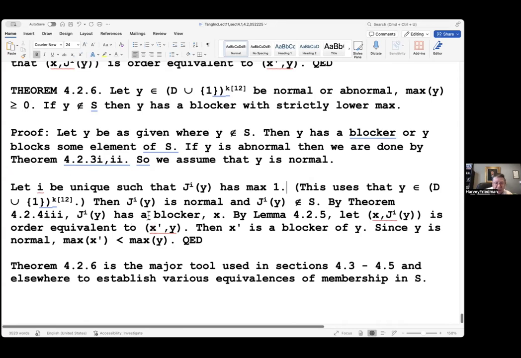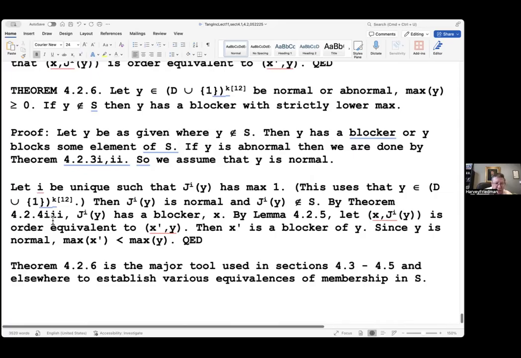So we know that we can push it up so that it now has max 1. Then ji of y is normal because it started off normal, and ji of y is not in S.